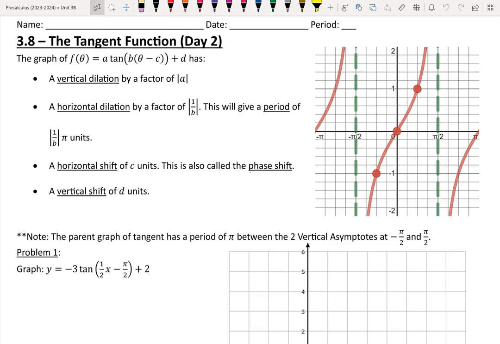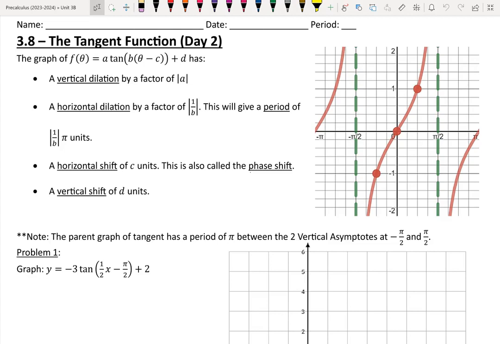So yesterday, we looked at our tangent function. We built it from the unit circle and then looked at some key characteristics of our tangent function. Today we are going to be taking some of those key characteristics and our transformations to graph our tangent function.